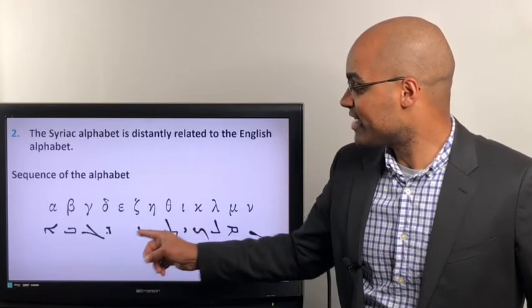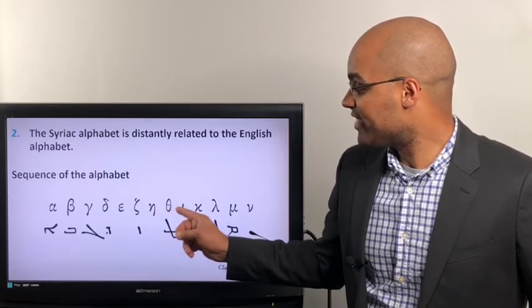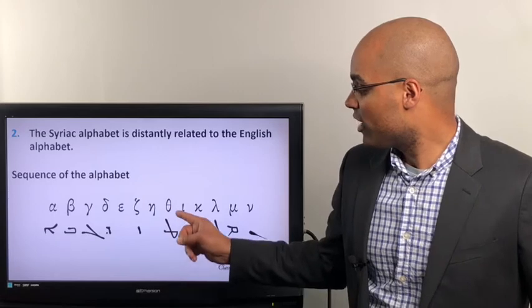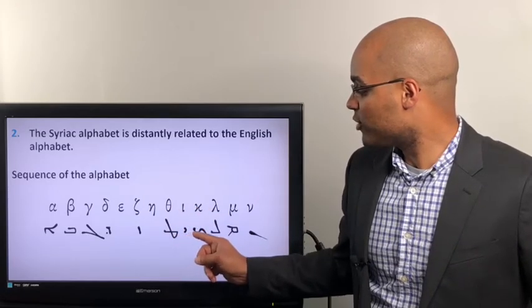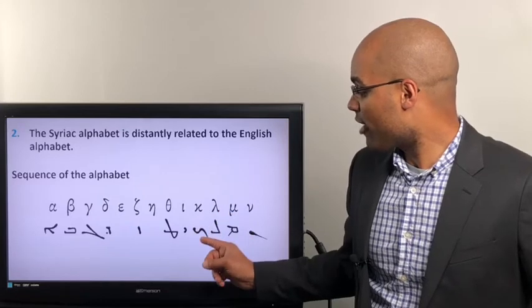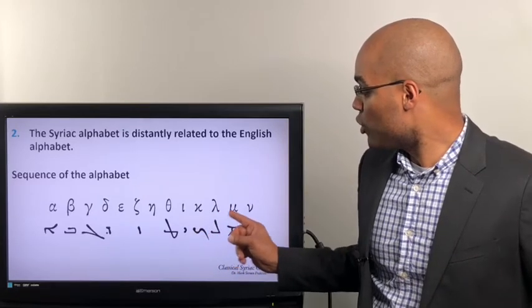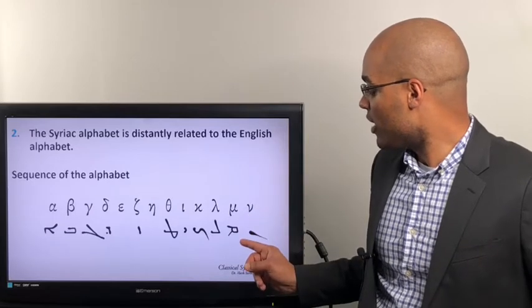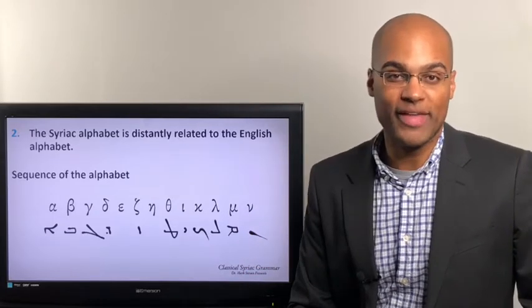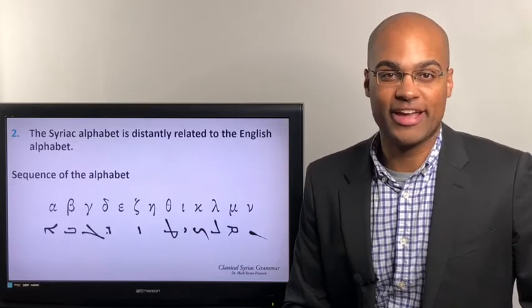Zeta corresponding to Zain, there's no eta. Theta corresponding to Taith. Yota corresponding to Yoth. Kappa corresponding to Kaf. Lambda corresponding to Lamed. And Mu corresponding to Mim. And Nu corresponding to Noon. And it goes on from there in the Greek and Classical Syriac alphabet.